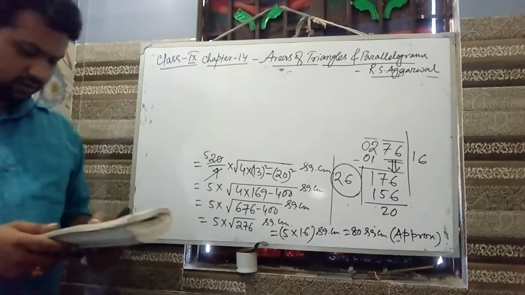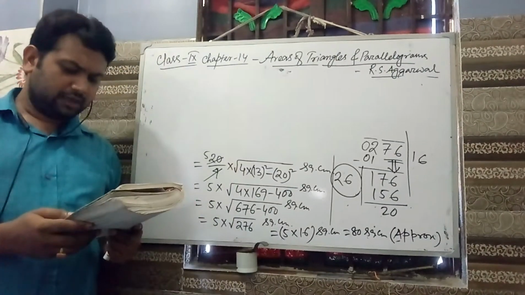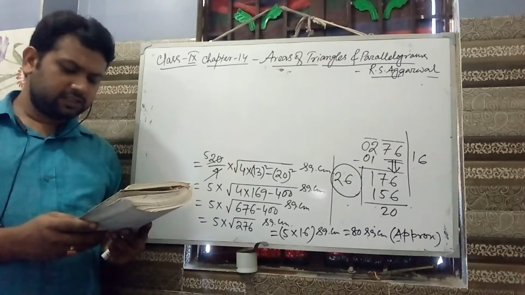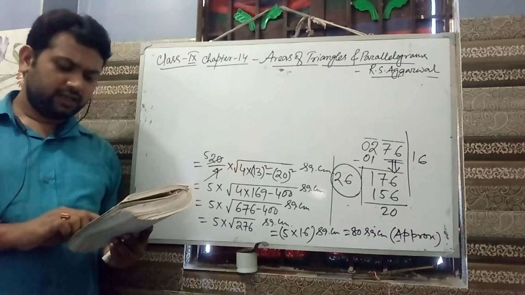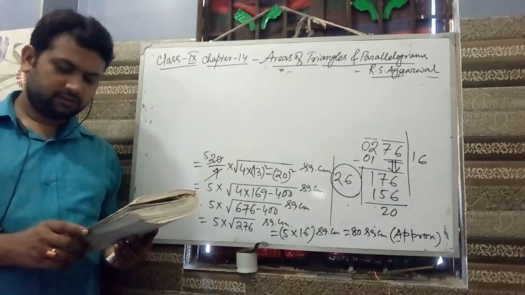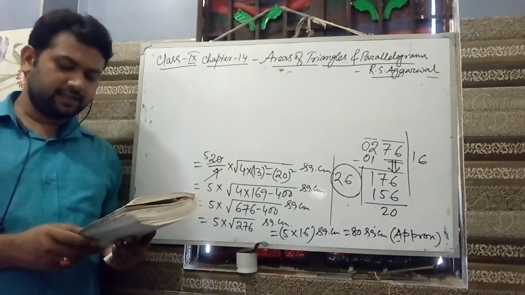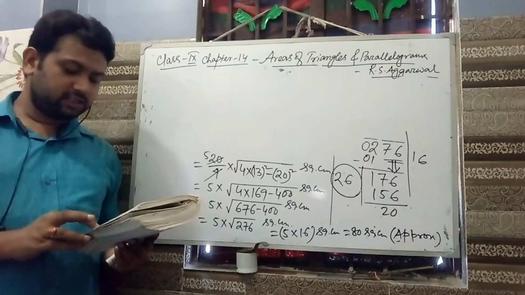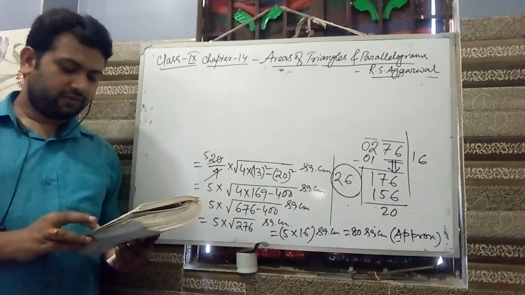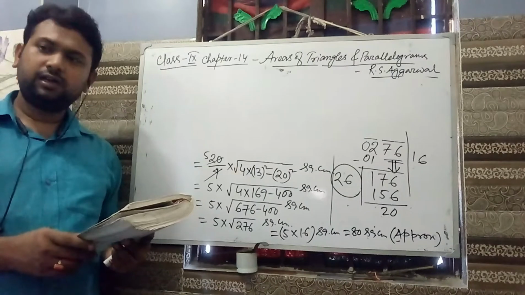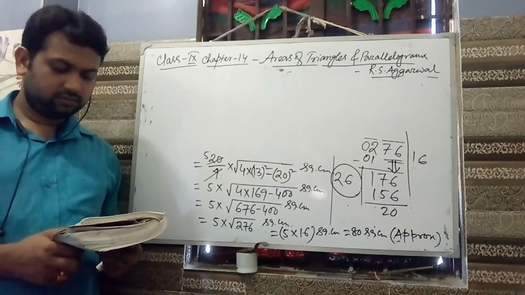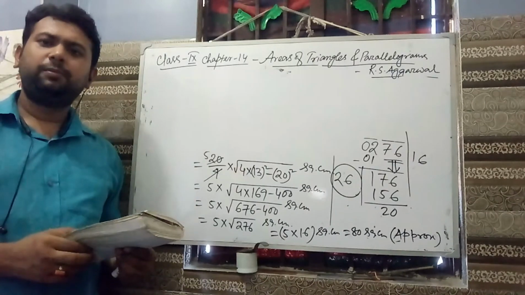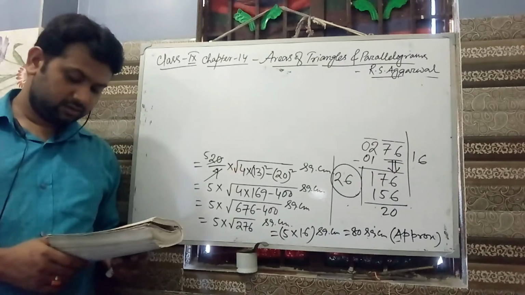In question number 10, the base of an isosceles triangle measures 80 centimeter and its area is 360 square centimeter. Find the perimeter of the triangle. Okay, find the perimeter of the triangle.